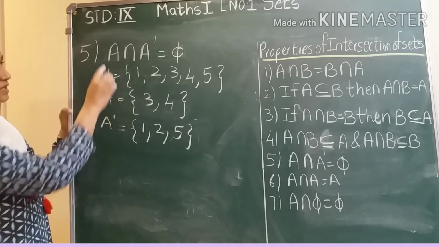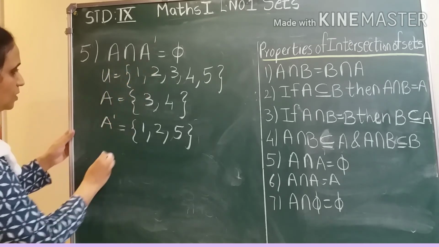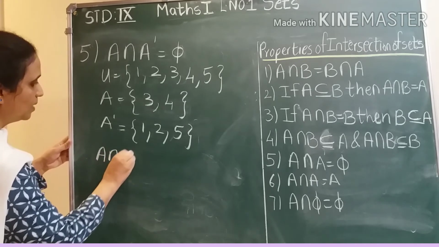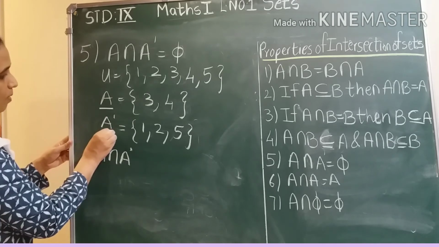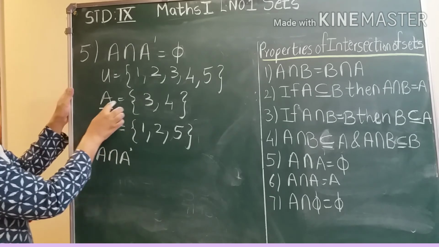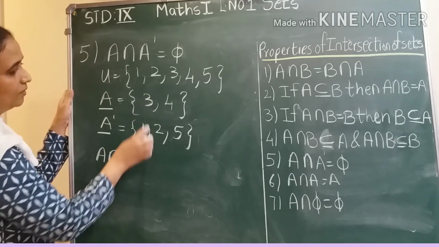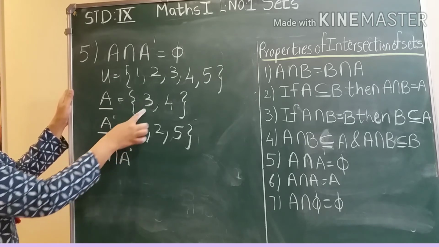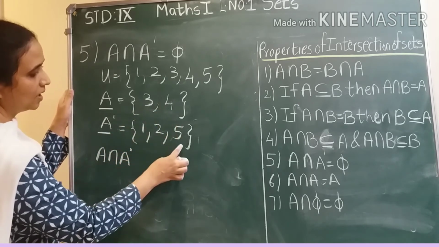Now what have they said? A intersection A complement. Now this is your set A. This is your A complement, A dash. So we'll find out whether we have any common elements in these two sets. 3 we don't have in A complement. 4 we don't have in A complement.